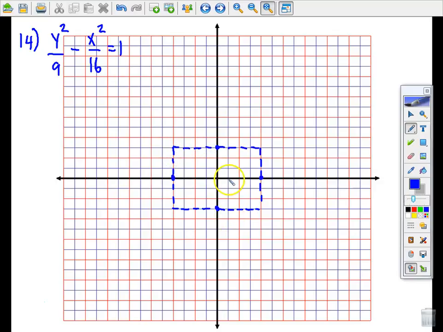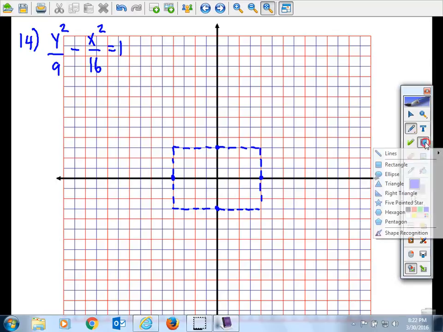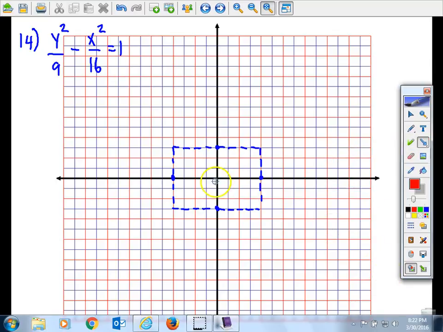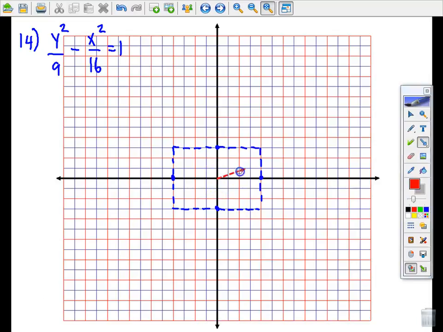All right, and it's this interior rectangle that is used to help us draw asymptote lines. All right, so I'm just going to use my line draw tool here. You would just draw these continuously, but it's easier for me to draw them like this.